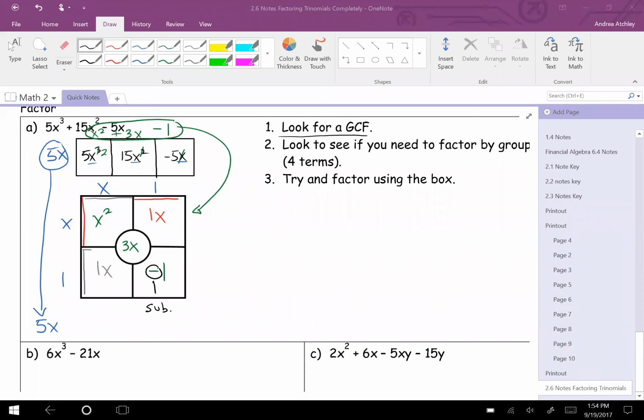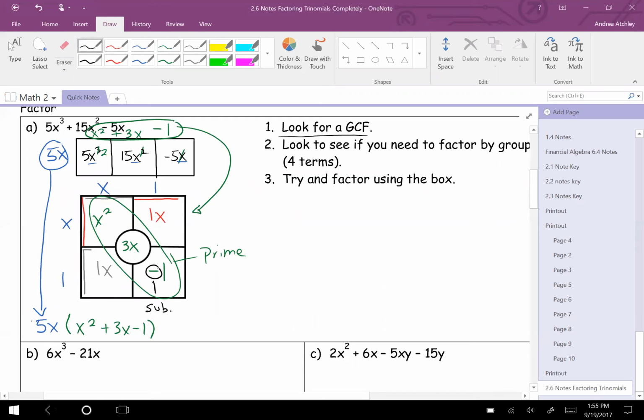So this trinomial is prime. Because there's nothing that I can multiply together to get x squared plus 3x minus 1. So I just take that trinomial and I multiply it by the GCF, which I found earlier.